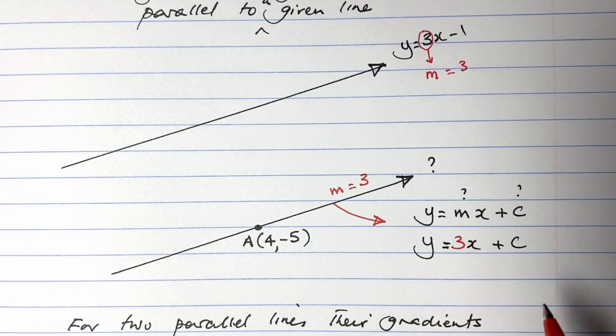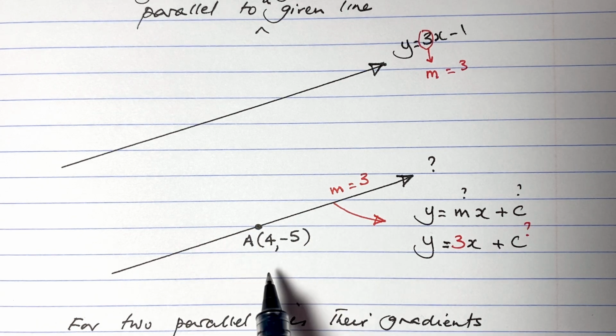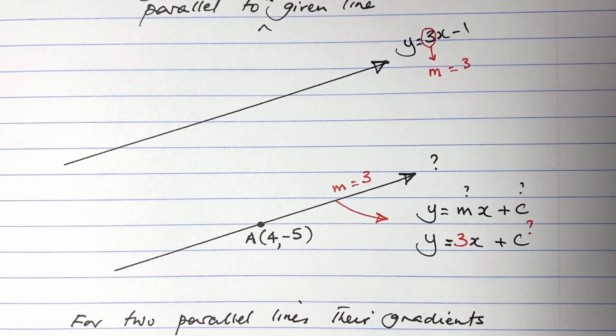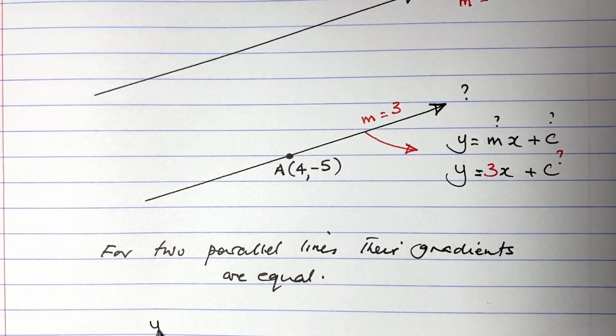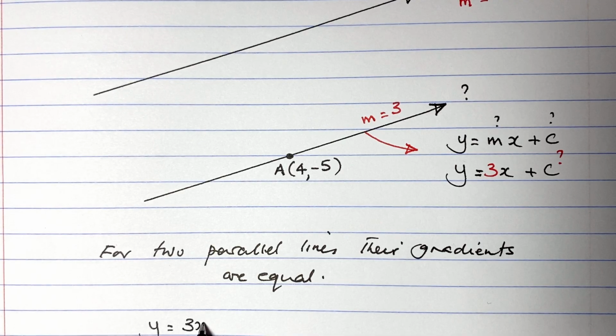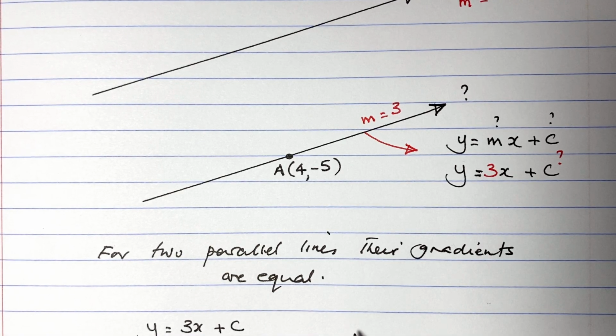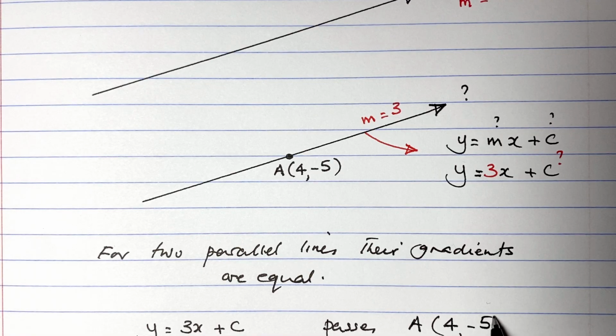So what's left to be done? To find the value of c. This is why I'm given this extra information. So y equals 3x plus c, and this line passes through point A with the coordinates 4, minus 5.